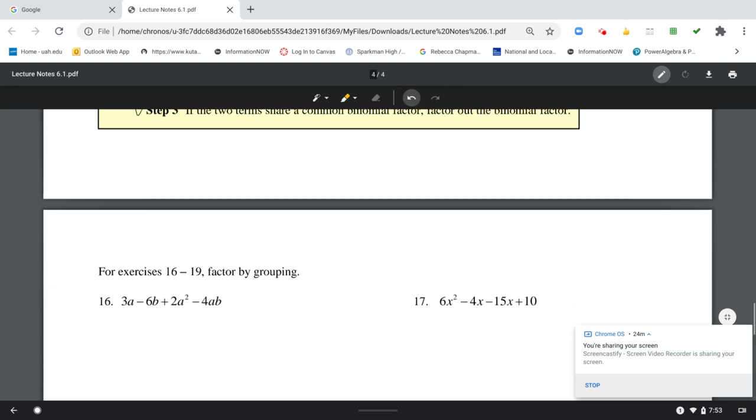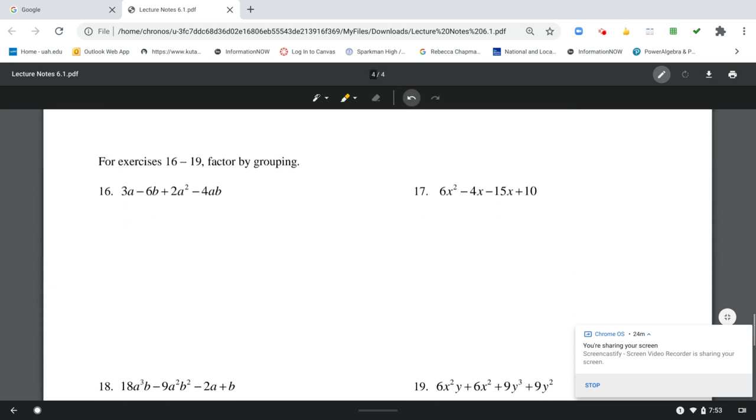All right, so the first thing you want to look at is all the way across. I have 3, -6, 2, and -4. With respect to all four numbers, they do not have a greatest common factor. 3 and 6 have a 3 in common. 2 and 4 have a 2 in common, and even 2 and 6 have a 2 in common.